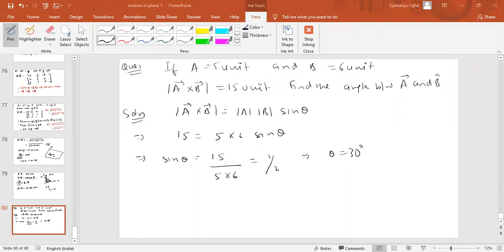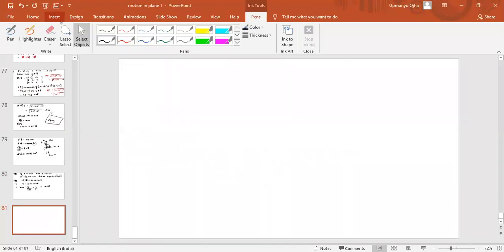Now one problem is there in NEET. Let me check the problem and give you the problem. Just wait. One problem was asked in the NEET.